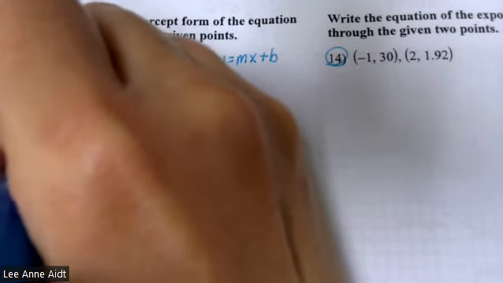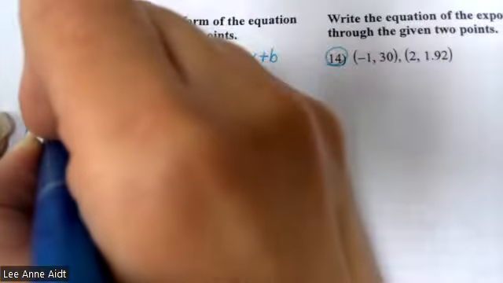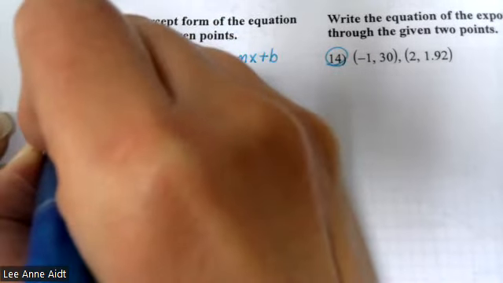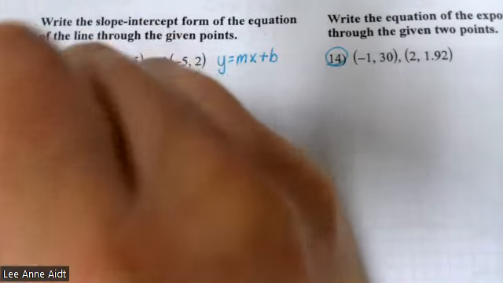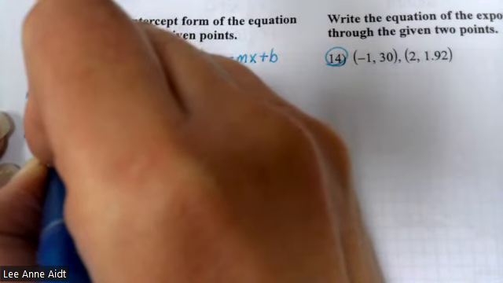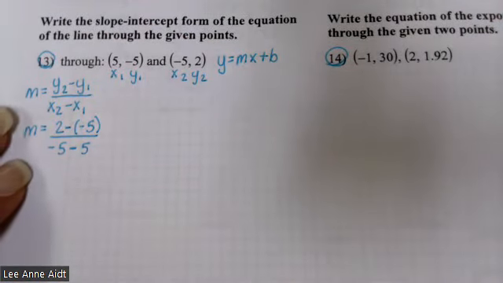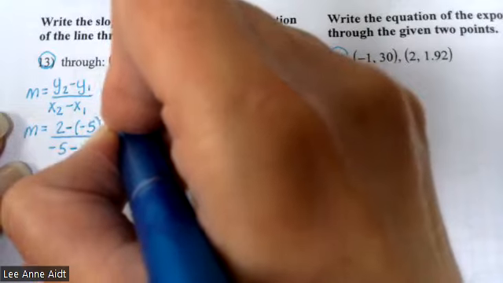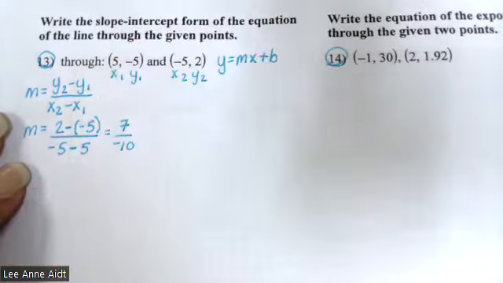Okay, so I have m equals y2 is 2 minus y1 is -5. X2 is also -5, and x1 is 5. Okay, so that makes the top 7 and the bottom is -10.